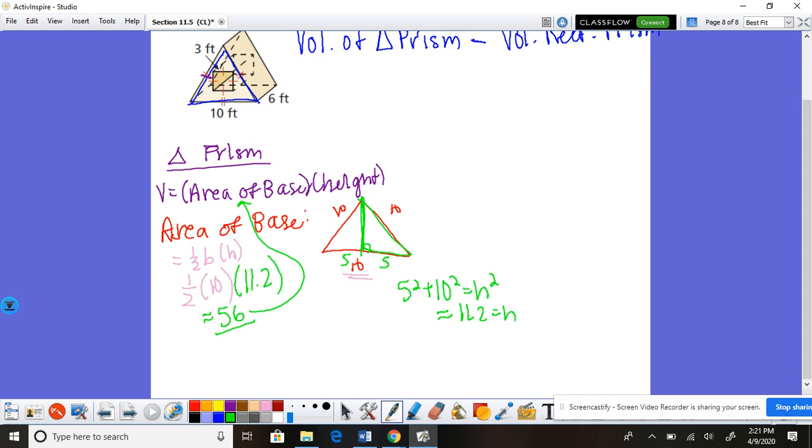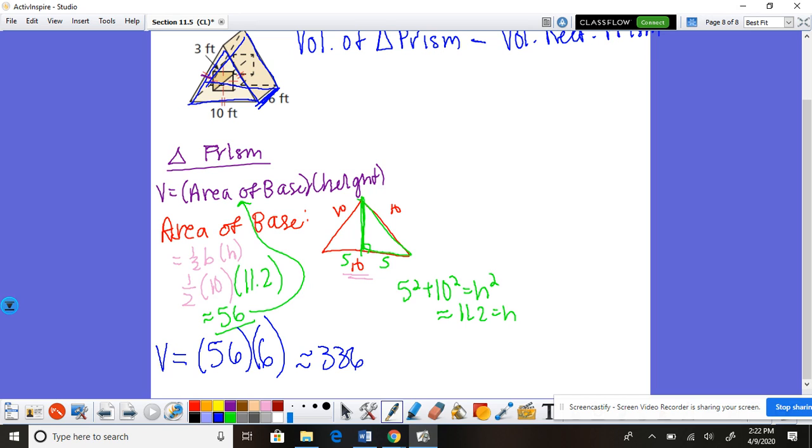So we would plug that in there. So the volume, let's get back to it, is the area of the base, which is 56, times the height. Remember, the height would be the distance between the two bases. Well, here's the other base back here. So the distance between those would be this 6. So 56 times 6 is roughly 336.